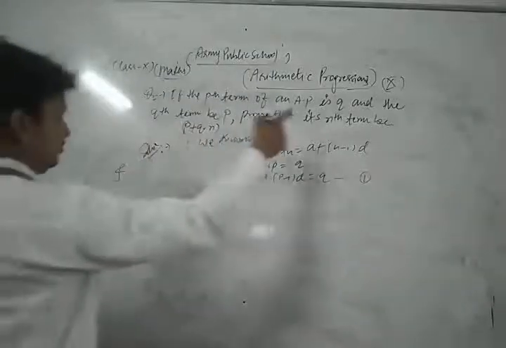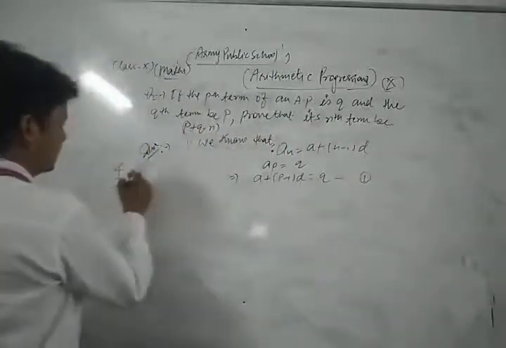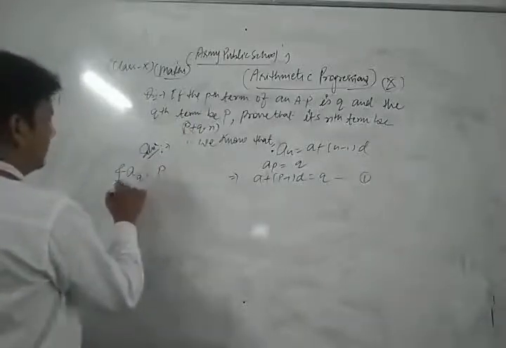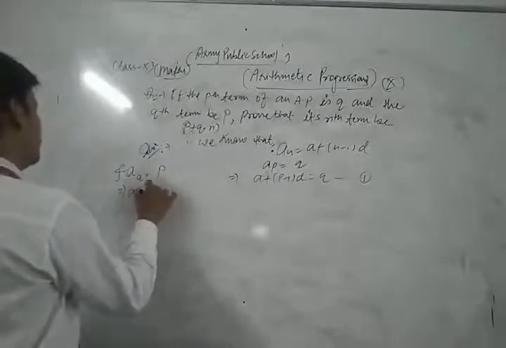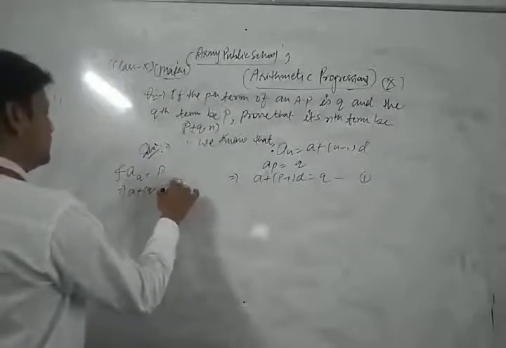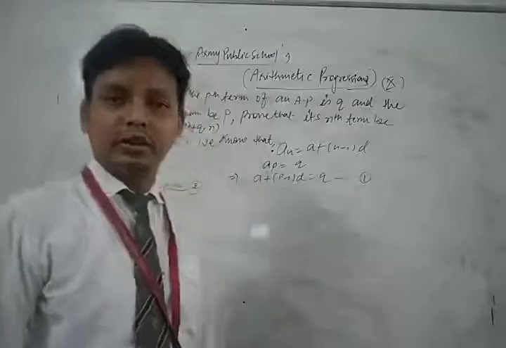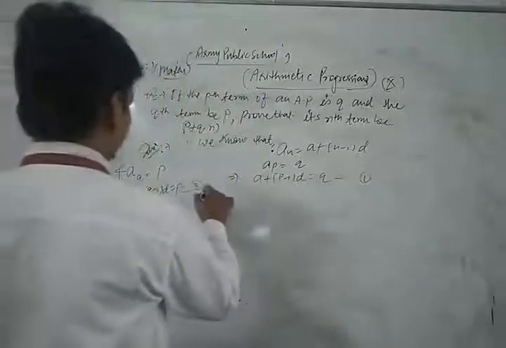Take it as equation number 1. And the qth term is P, that is A plus Q minus 1 into D is equal to P. Take it as equation number 2. Now we are solving equation 1 and 2.